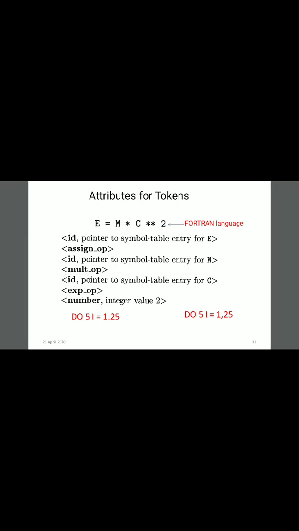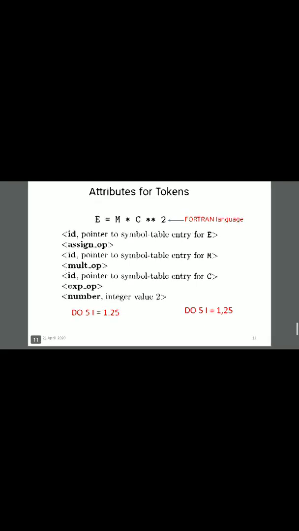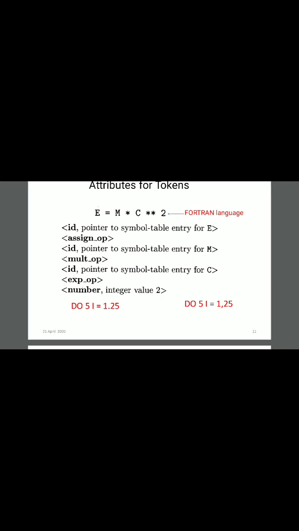Now understand what exactly happens in the Fortran language. Take the first one, DO 5 I = 1.25. What do you mean by this? It begins with a DO. Suppose your Fortran compiler suppresses the white spaces, then it becomes DO5I continuously, equal to 1.25. So it thinks that it is an assignment statement, correct?